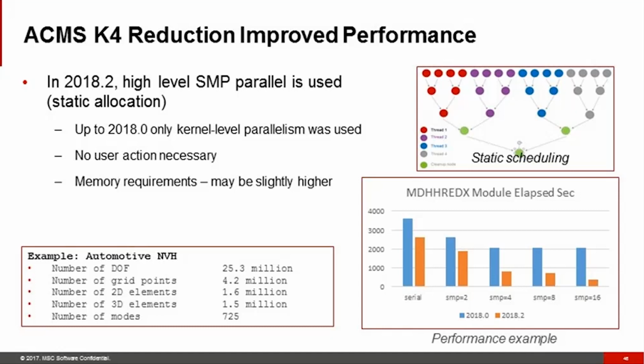The blue shows the same height, whereas using the new 2018.2 with the improved ACMS performance, you see better performance as the SMP increases. So the best option is seen with SMP 16 in this particular model, which resulted in about a 75% reduction in time.